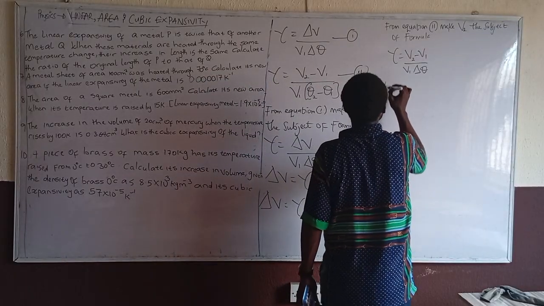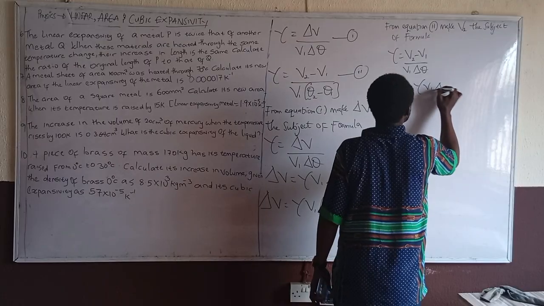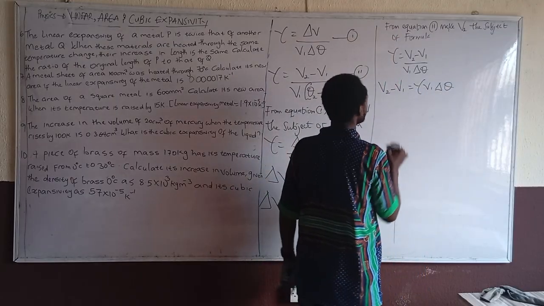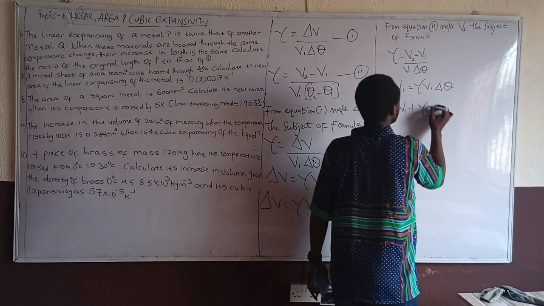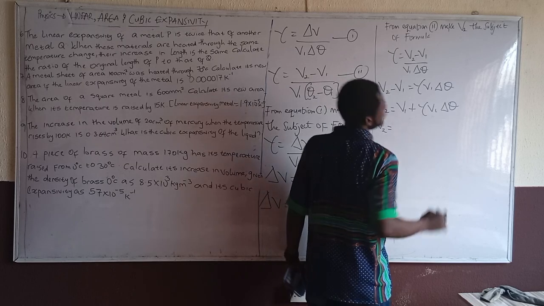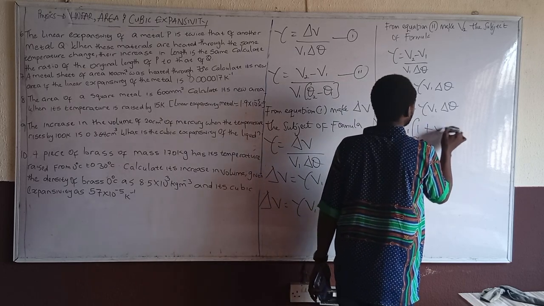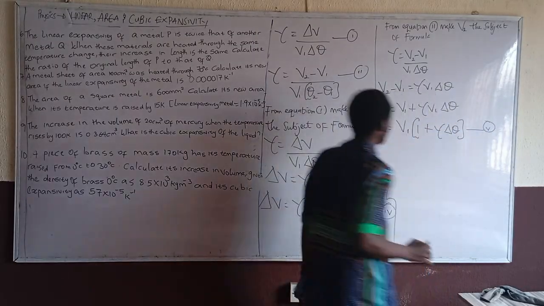So here becomes V2 minus V1 equals gamma V1 delta theta. From here, my V2 becomes V1 plus gamma V1 delta theta. V1 is common, V1 is out. I have V1 times (1 plus gamma delta theta). I will call it equation 5.